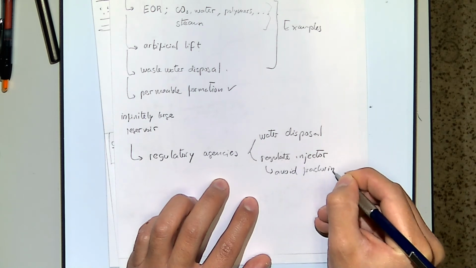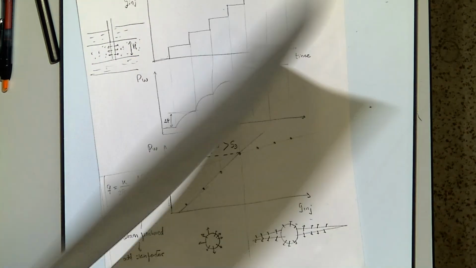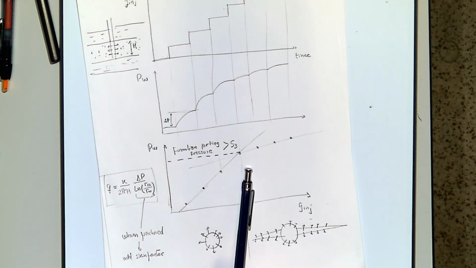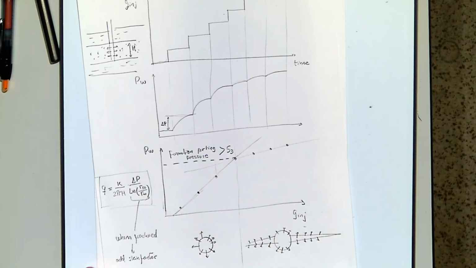This is the objective: to know what that pressure is so that later you do not go above that injection pressure.